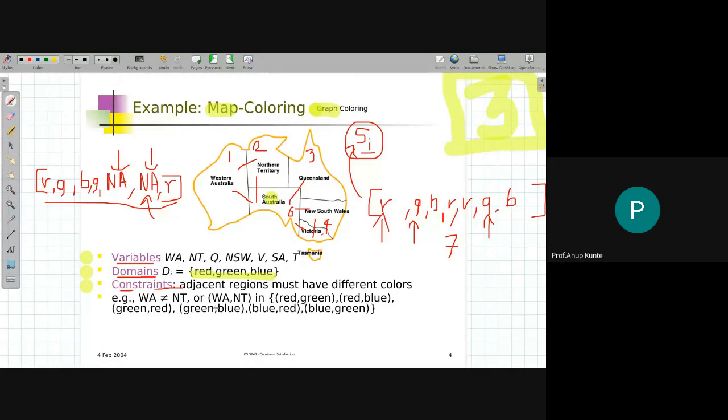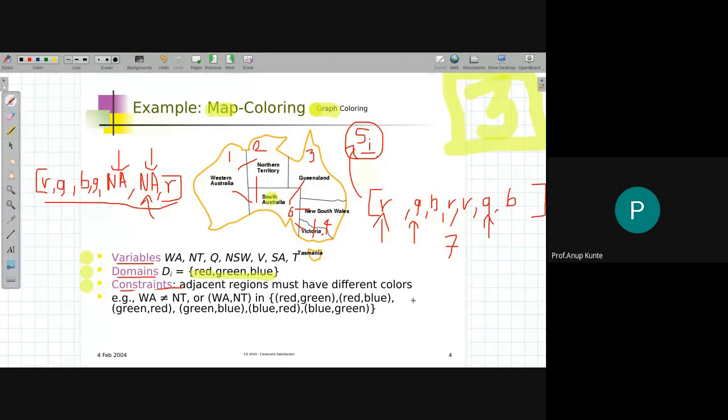Another way: if I pair WA and NT as a tuple, and you know Python, you know a tuple means 2 values together, where WA stands for the color value of the WA region and NT for the color value of the NT region, it should be in any one of these values: red green, red blue, green red, green blue, blue red, blue green.